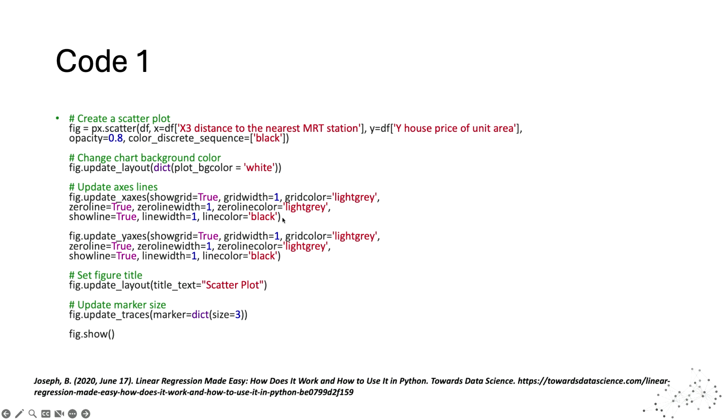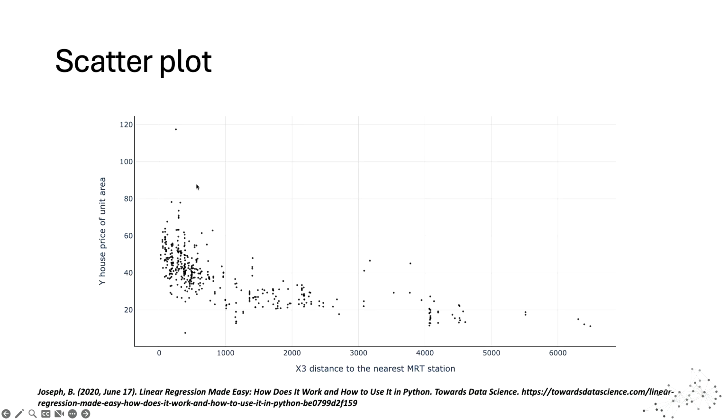So first, let's create a linear model here. This is how we can create a scatter plot, and using this code we created this scatter plot showing the relationship between distance to the mass transport stations and house price of unit area.